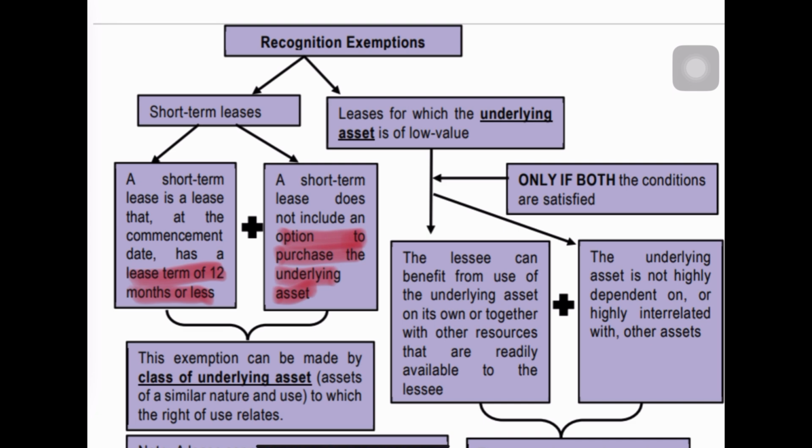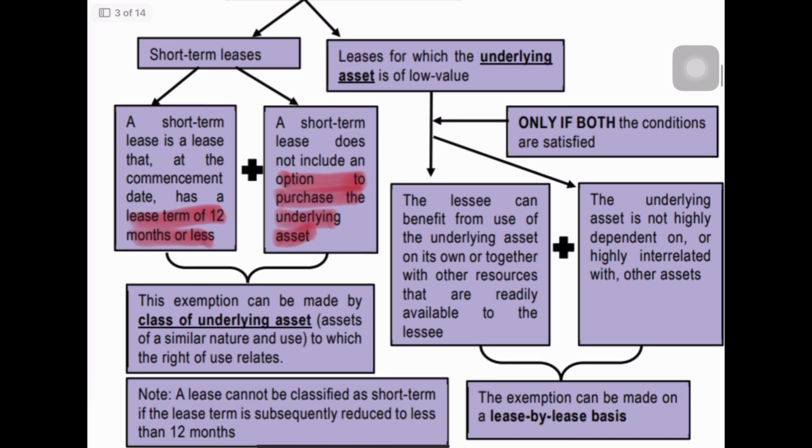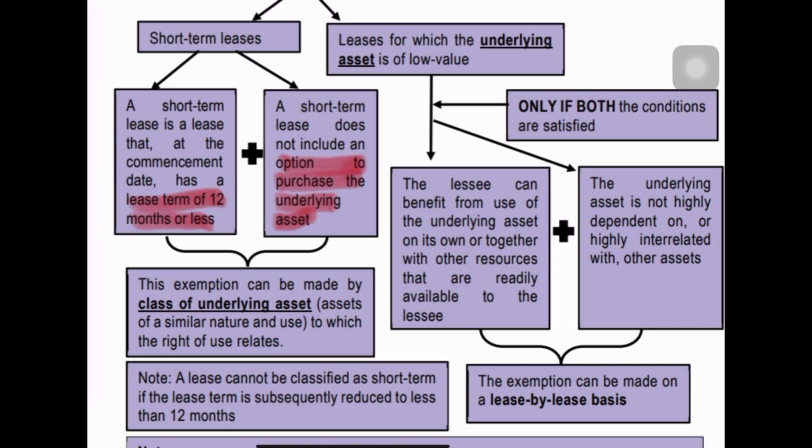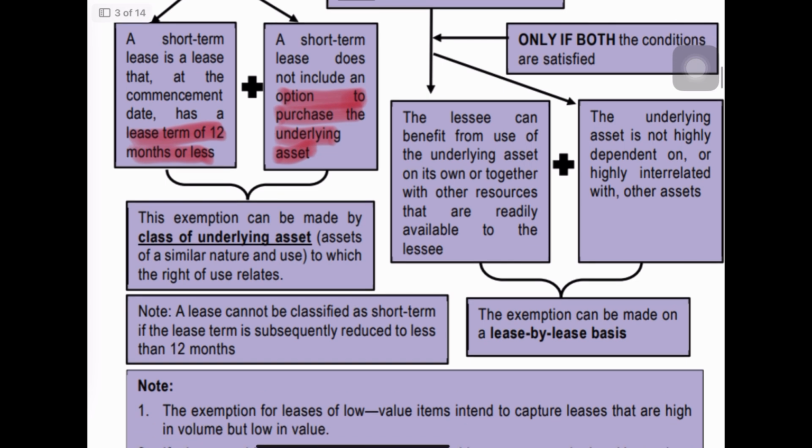So these are the two conditions to be fulfilled for a lessee not to apply Ind AS 116 to short-term leases. One more additional point: the exemption can be made by a class of underlying asset. It need not be an individual asset. This exemption can be applied to a class of similar assets.